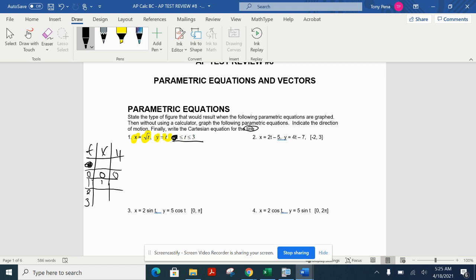If we do a 1, we would get 1, 1. If we get 2, we would get what? Root 2, 2. And then the last one, we would get root 3, 3. So if we plotted those, here's 0, 0. If I then plotted the point 1, 1, and then let's do 2, knowing that root 2 is a little bit bigger than root 1.